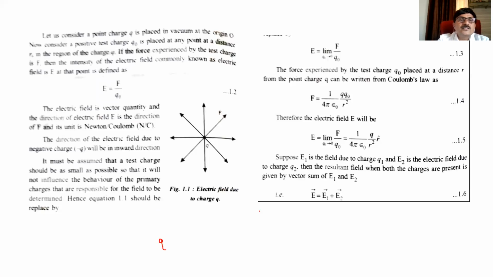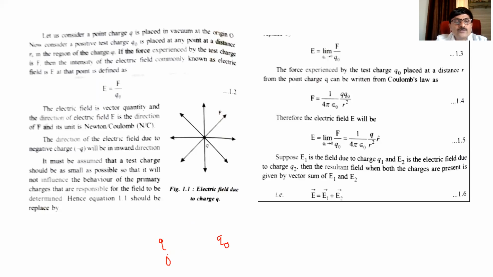For that, let us consider a charge Q, which is placed in the vacuum, and suppose that charge is placed at this point O. Now, if you consider any test charge, suppose this Q0 is any test charge.